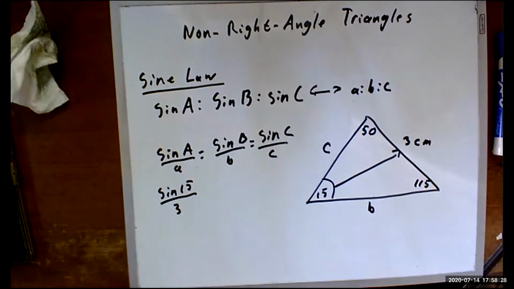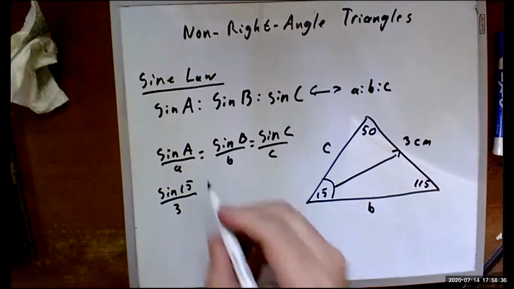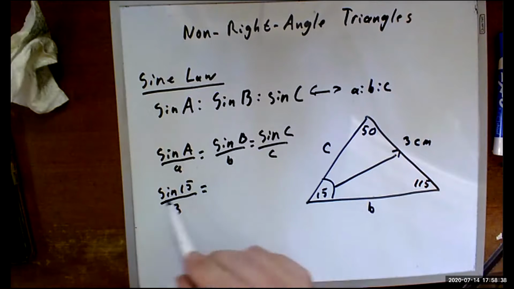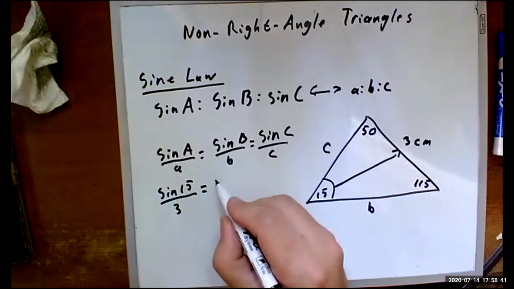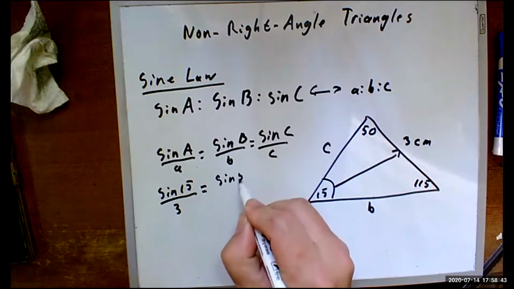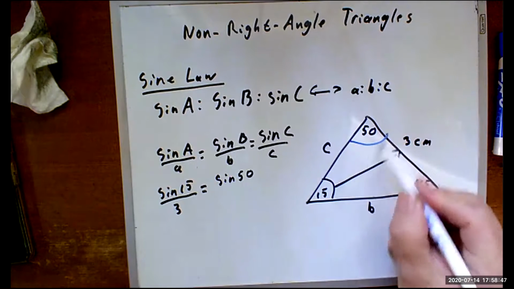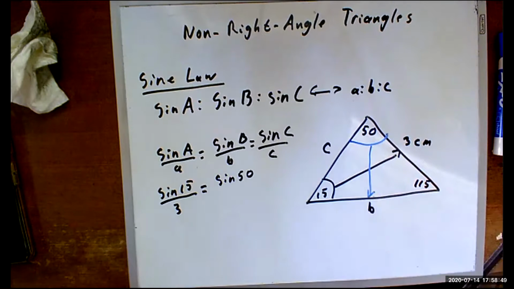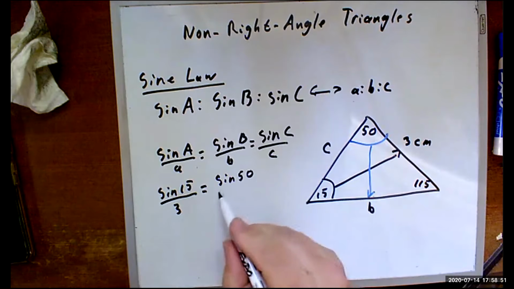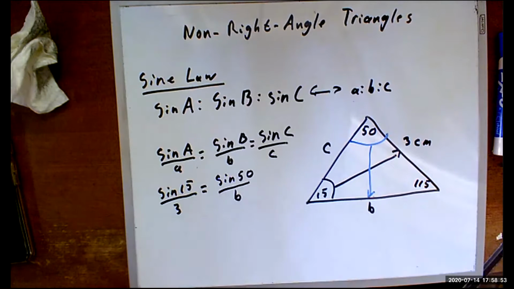It all works out. We're just doing it this way so that we have some labels. We'll solve for B first. In order to solve for B, it means I'm going to be using the sine of 50, simply because this angle must relate to that side. And now we're all set up, and the only thing we need to do now is solve for B.